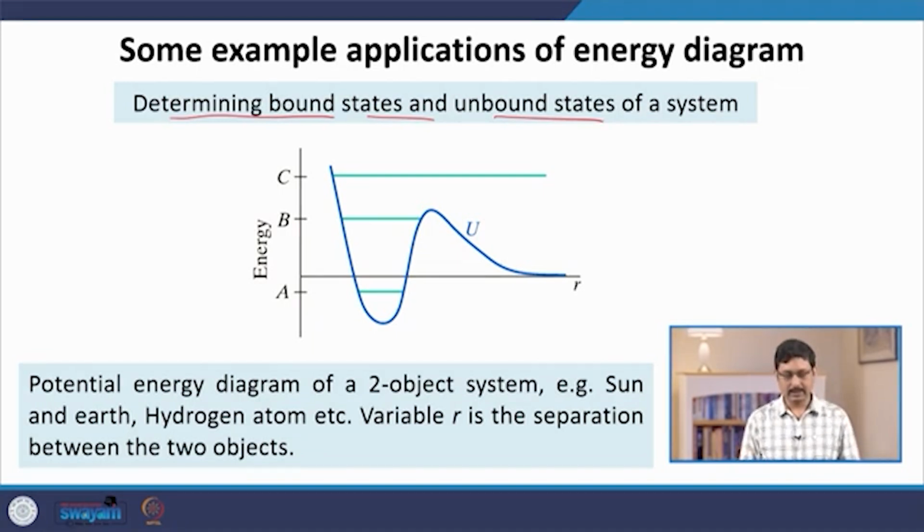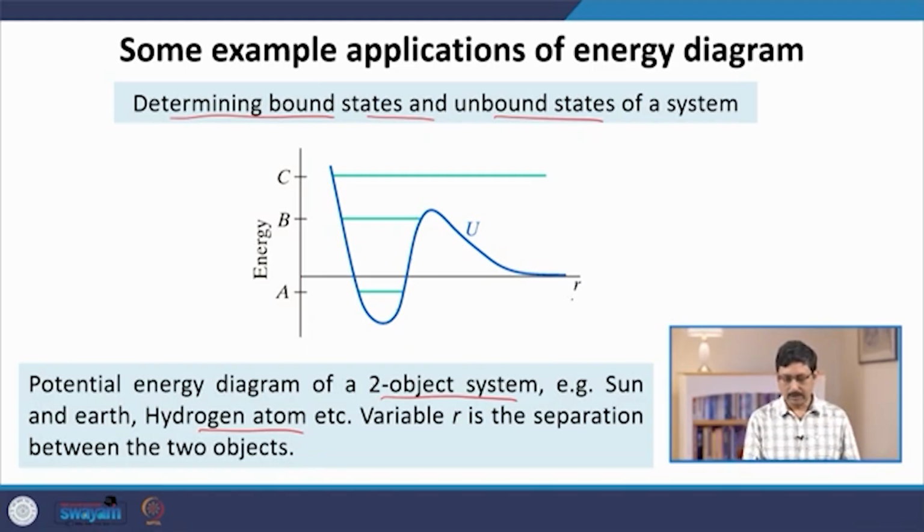A famous example is the two body system, for example, the motion of earth around the sun or the motion of an electron around the nucleus in a hydrogen atom.